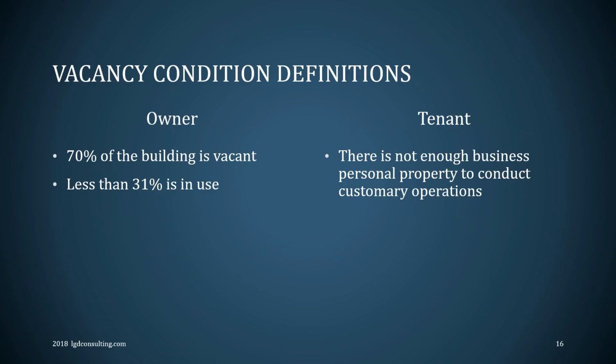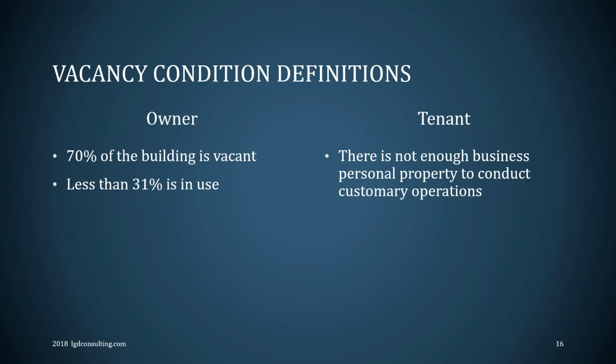So if you're leasing space in the building as a tenant, well, there's a different definition for vacancy for you, right? And the definition is you don't have enough business personal property to run your business. So let's say in a 10-story building, for an owner, 7 stories are empty. That means only 3 stories are being used. So as an insurance company, we would consider that property vacant, all right? Now, as a tenant, you're leasing one of those 3 stories, right, that's still being used.